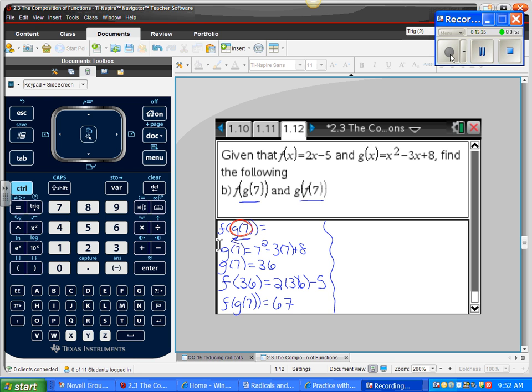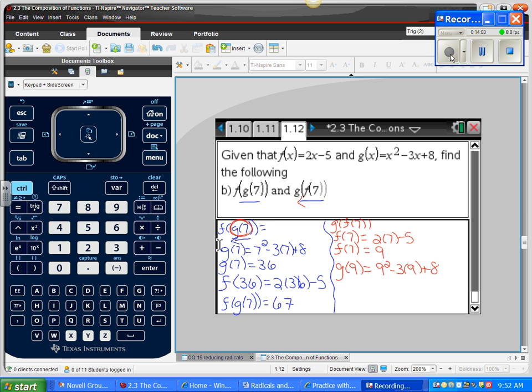So now g of f of 7, we're going to follow that same kind of process, except instead of finding g of 7 first, we're going to find f of 7. So f of 7 is 2 times 7 minus 5, which gives us a value of 9. And now we take that value of 9 and we plug it in for g. 9 squared minus 3 times 9 plus 8.